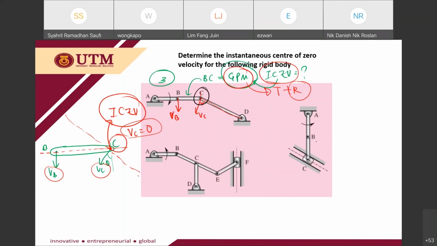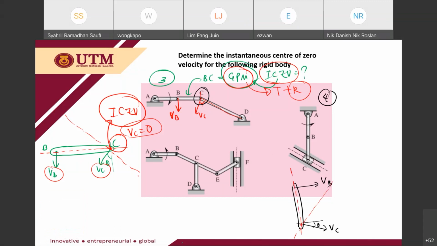Let's say we know that BC, the fourth figure here, this one is moving here, VB, and then here is moving VC at a certain angle. So if you draw a perpendicular line to each velocity, you will notice that the center lies on point C. So this is perpendicular to VC.